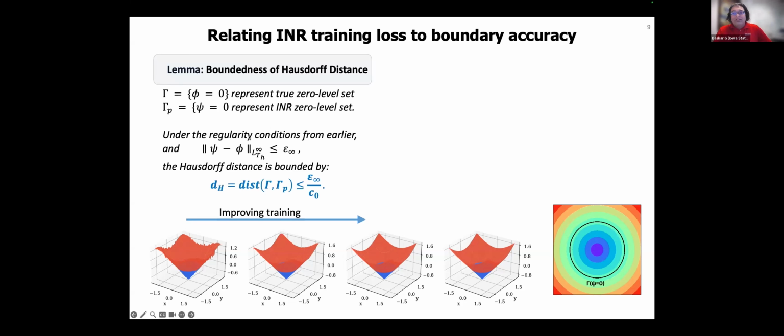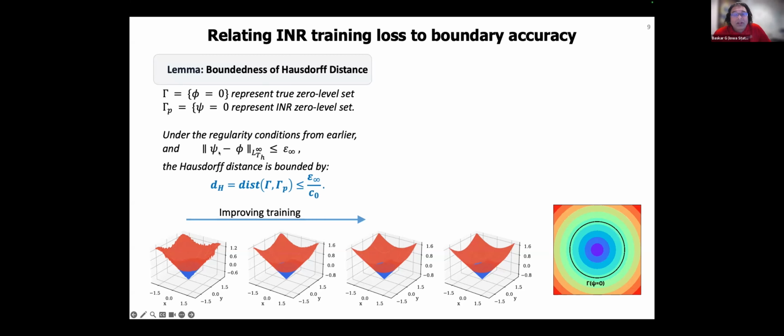And so again, Samudra was able to get some very nice regularity conditions. Essentially, if gamma is my true level set and gamma p is the zero level set represented by the INR, we were able to show that the distance between gamma and gamma p is bounded by my training loss.